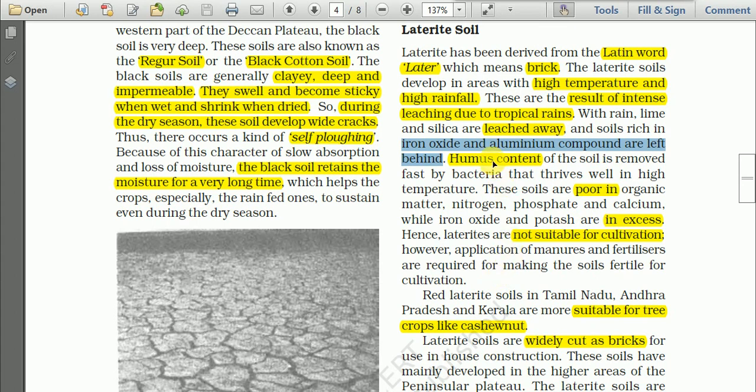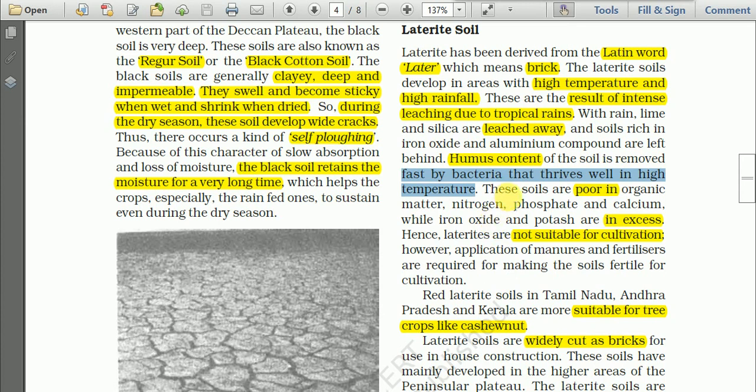And the humus content of the soil is removed fast by bacteria that thrive well in high temperature. Humus, the partly decomposed organic matter, is decomposed fast by the bacteria that thrive in the high temperature.